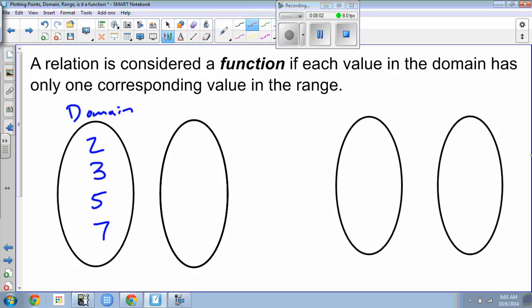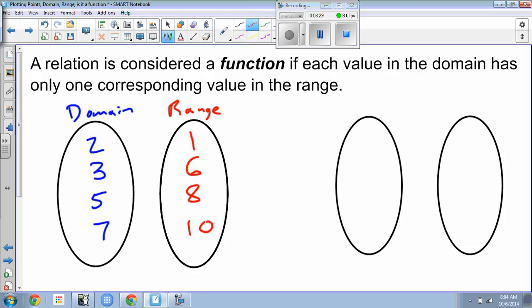And then we're going to have a range over here. Maybe the 2 point corresponds with a 1. All right, and maybe we've got also a 6 in the range, an 8 in the range, and a 10 in the range.